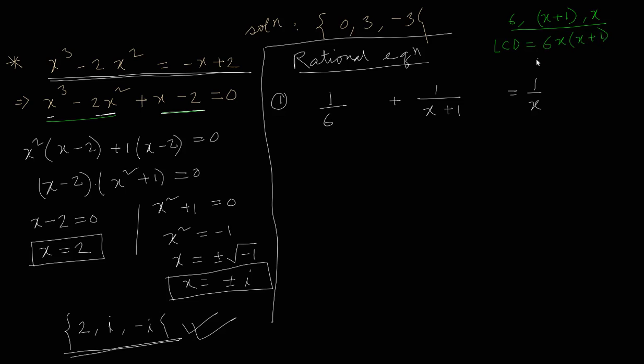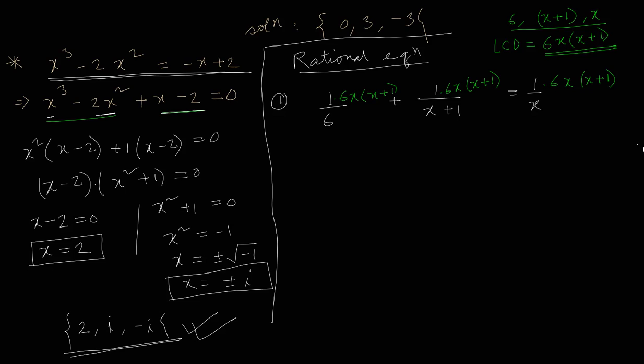So now I'm going to multiply all of my terms with 6x times x plus 1. So this will be 6x times x plus 1, and then this is also 6x times x plus 1, and also this one 6x times x plus 1.